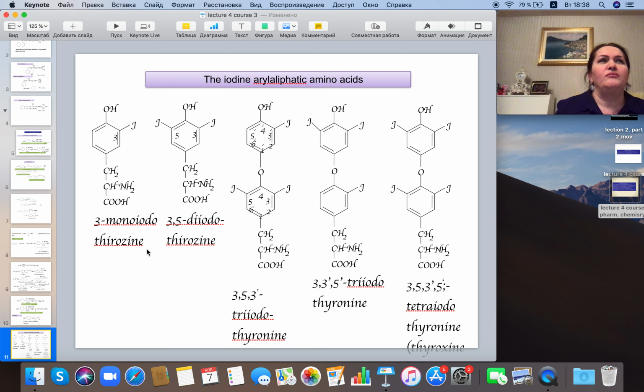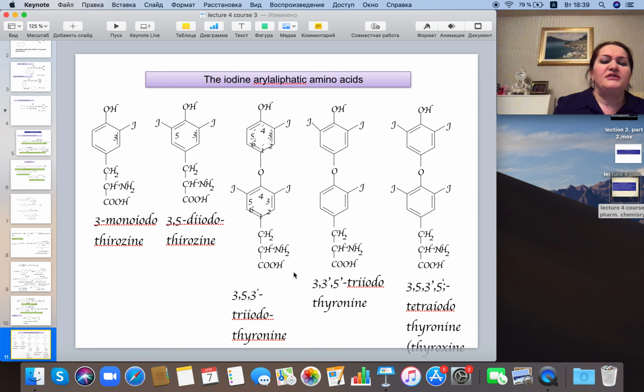And you must know that the thyroid gland secretes hormones which regulate the metabolic rate in our organism. And the main part of this hormone is L-thyroxine. L-thyroxine is a tetraiodo derivative of the amino acid tyrosine.